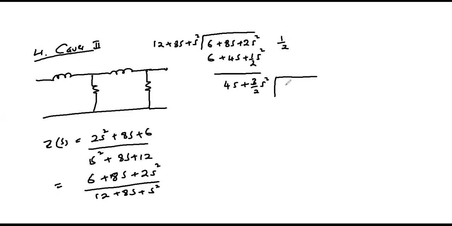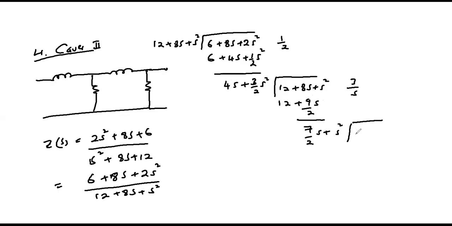Next, we divide these into 12 plus 8s plus s squared. I need 12 from 4s, so I multiply that with 3 over s. That will give us 12 plus 9 over 2 s, and the difference will give us 7 over 2 s plus s squared, which we divide into 4s plus 3 over 2 s squared.